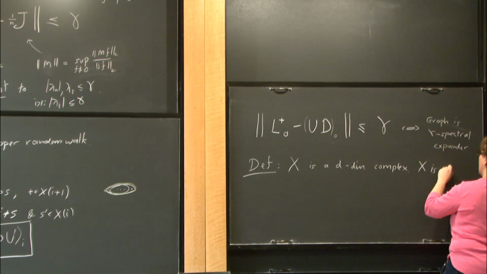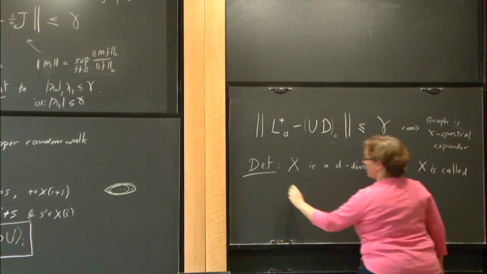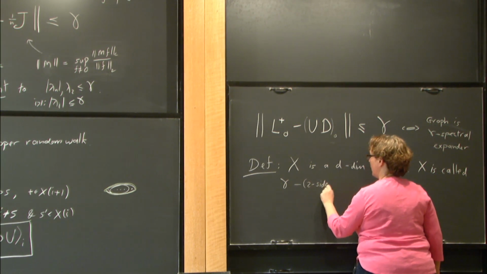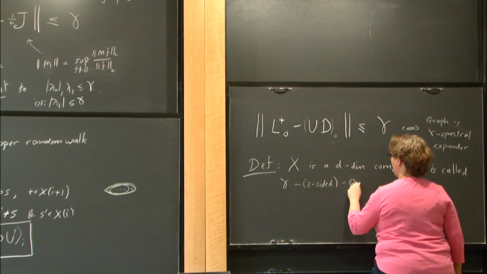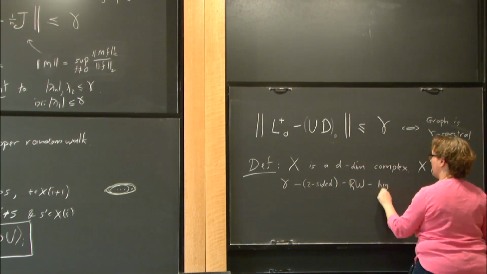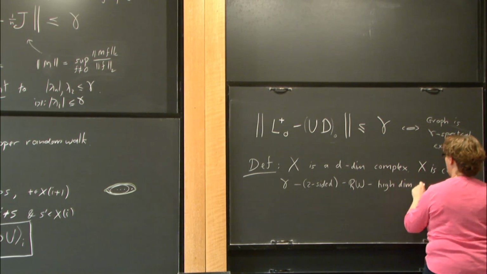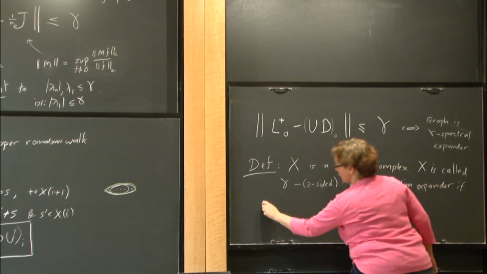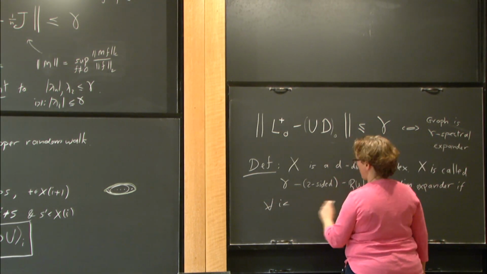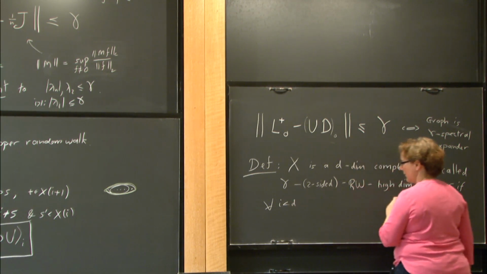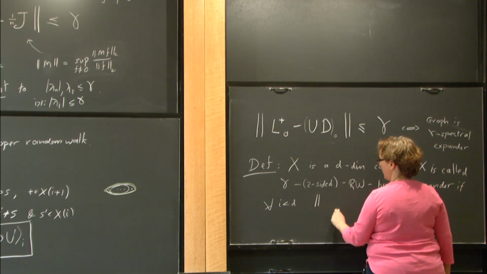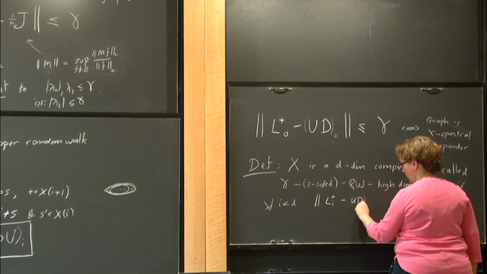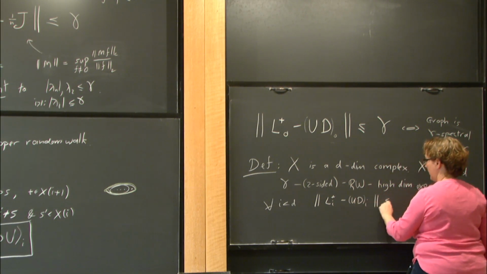X is called a gamma, let me also add the word two-sided, a random walk HDX, high dimensional expander, if for every I up to d minus 1, we have that Li plus minus the down-up operator that works on the same level is less than gamma.